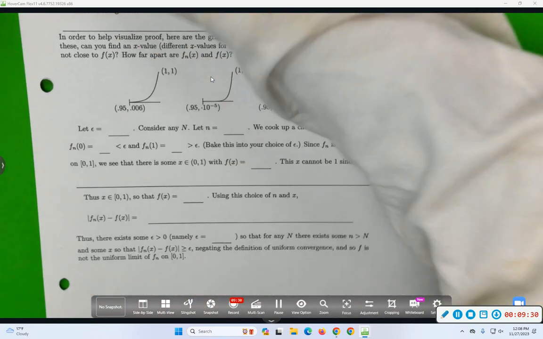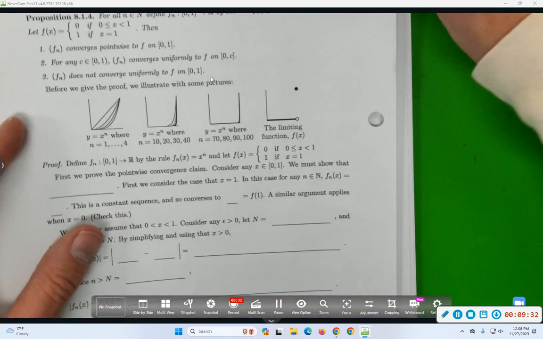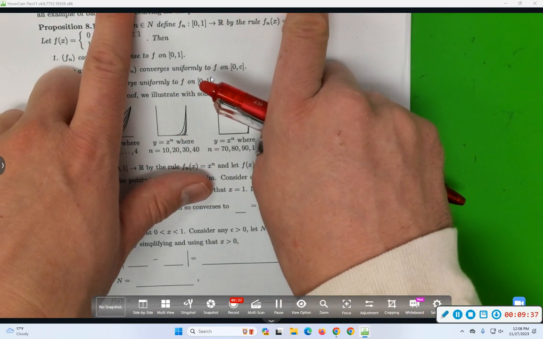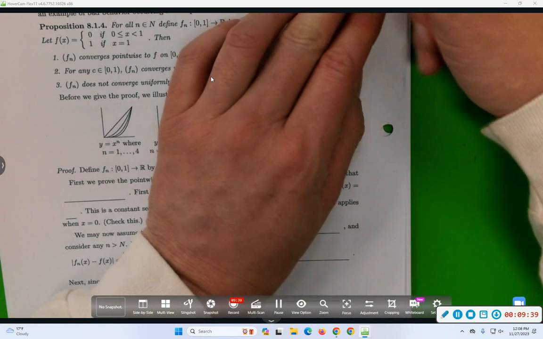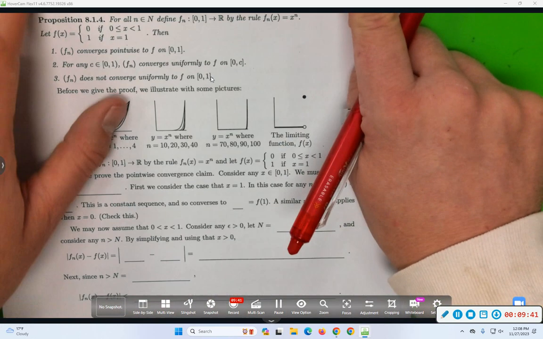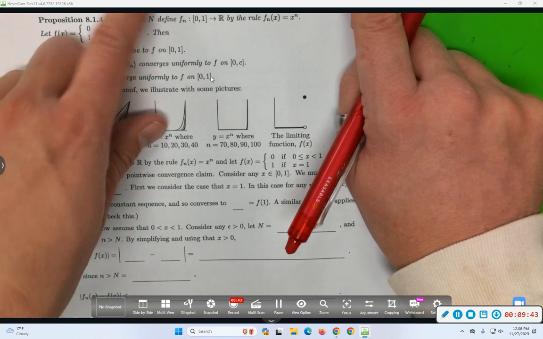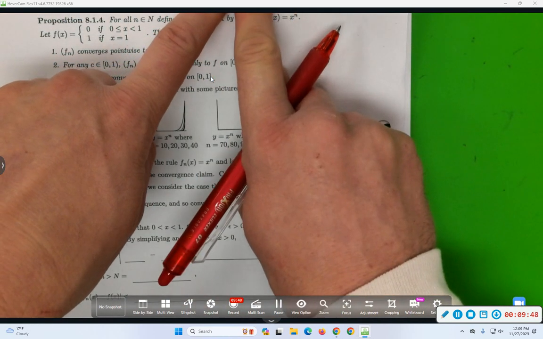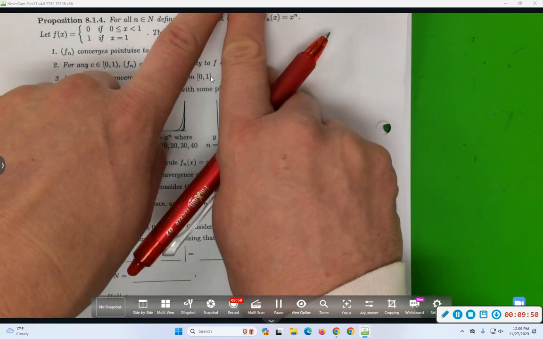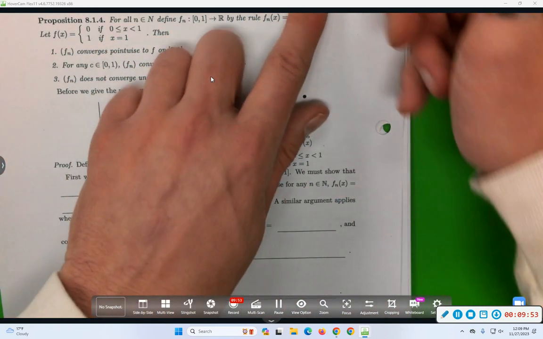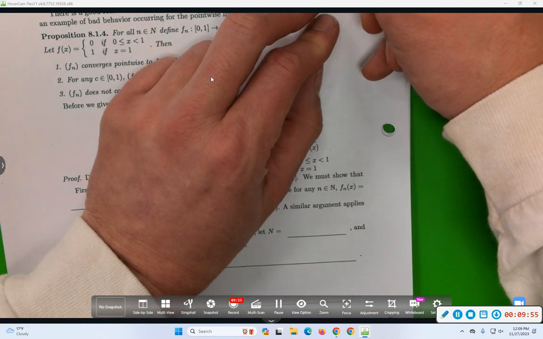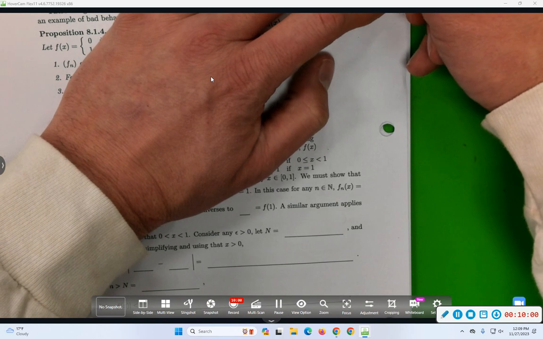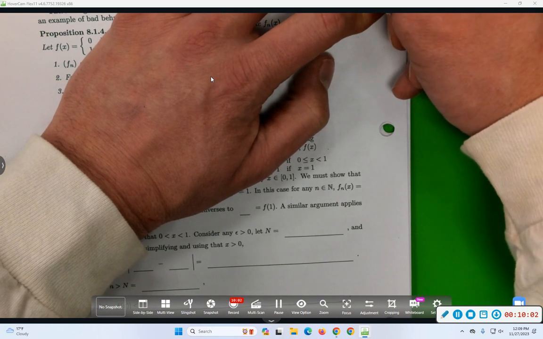With that in mind, here it is. Let f sub n be a sequence of functions, and another function f from U to R. We say that f is the uniform limit of f sub n if for all epsilon there is a big N, so that for all n in the natural numbers, if little n is bigger than big N, then for all x in U, the absolute value of f sub n of x minus f of x is less than epsilon.